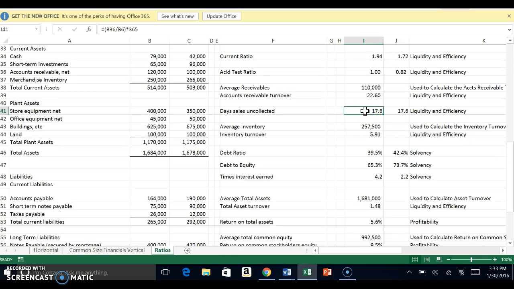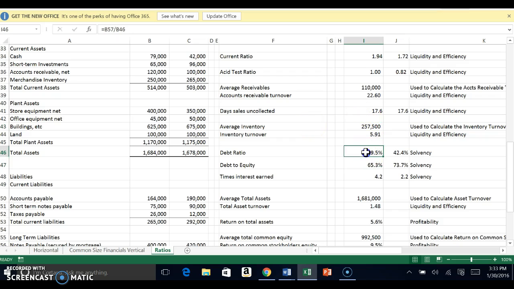That gives me the days that my receivables go uncollected. You can read all about what these different numbers mean in your text, but you can see the calculations here. The same goes for your average inventory. Think of this as your accounts receivable turnover and your inventory turnover. You need to average those balances out. You don't want to just take the balance at the year end.